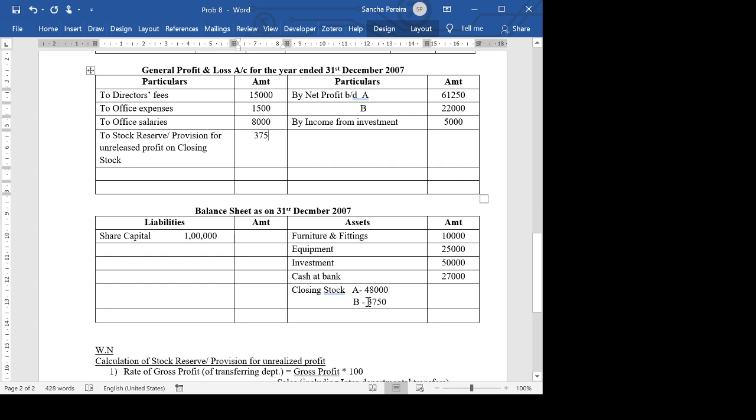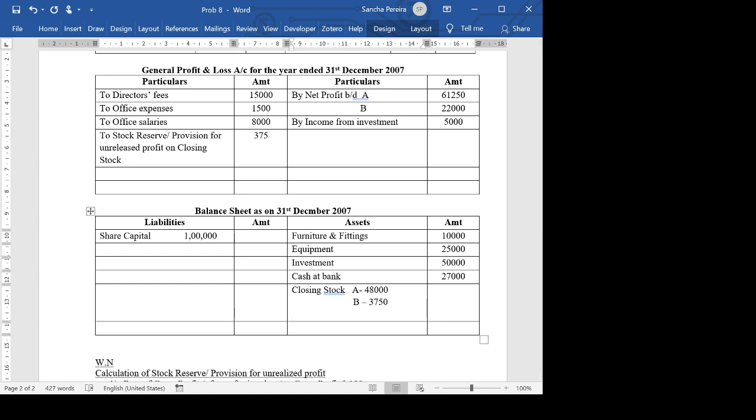If I don't deduct it, it will be shown at a higher value than the actual value. So I'm going to say less stock reserve, which is 375.